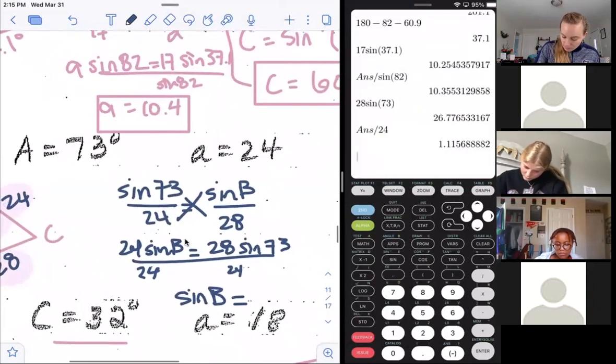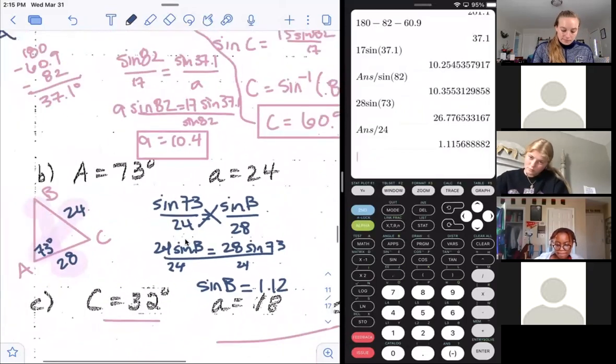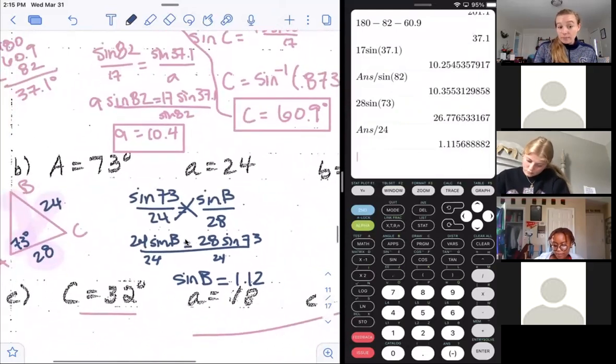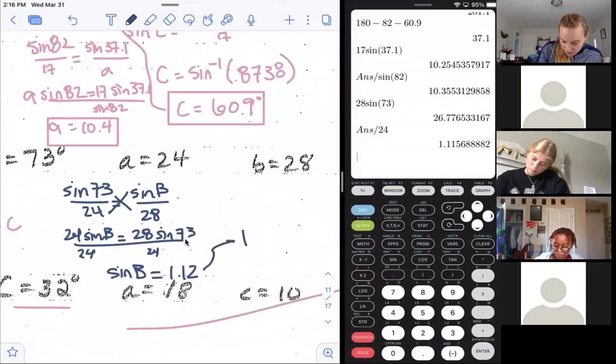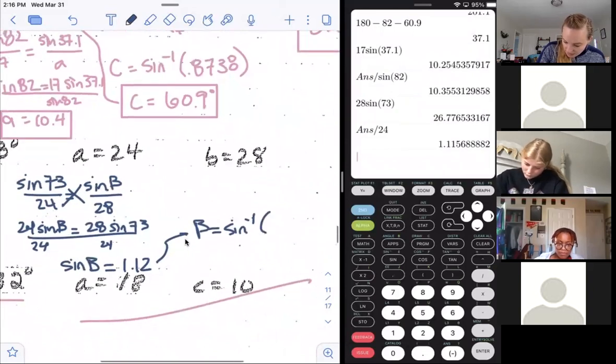Okay, 1.12. All right, any questions so far? I haven't found b yet. I just found sine of b. So now I need to do second sine of this number I just found. So I'm essentially doing b equals inverse sine, or second sine, or sine to the negative 1 of 1.12.